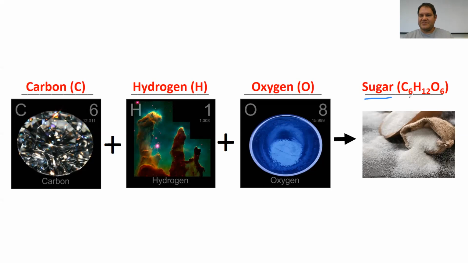But you'll notice that sugar forms a basic ratio of 6 carbons to 12 hydrogens to 6 oxygens. So we have a 6 to 12 to 6 ratio. And that ratio is fixed for sugar. So we often look at sugar as C6H12O6.